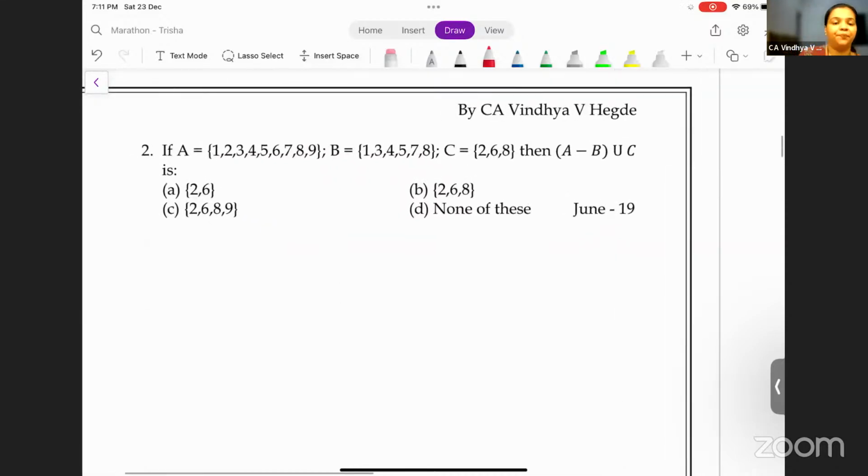Okay, next question. A is given as 1, 2, 3, 4, 5, 6, 7, 8, 9, and B is given as 2, 6, 9 and so on. C is 2, 6, and 8. You have to find the value of A minus B union C. First, let's find A minus B. 1 is there, 2 is not there, 3 is there, 4 is there, 5 is there, 6 is not there, 7 is there, 8 is there, 9 is not there.